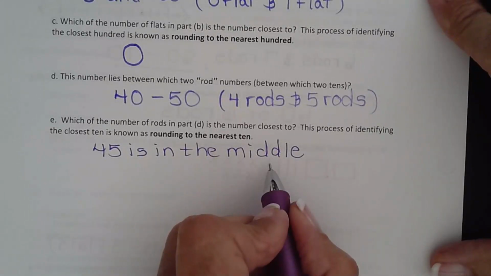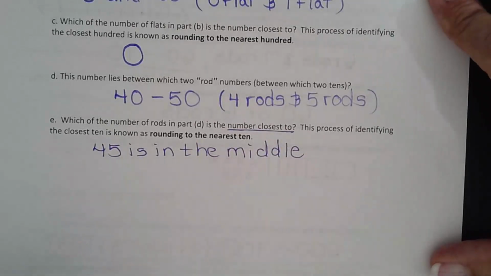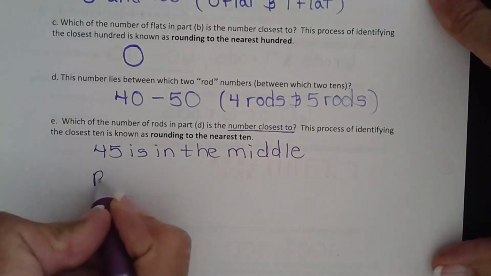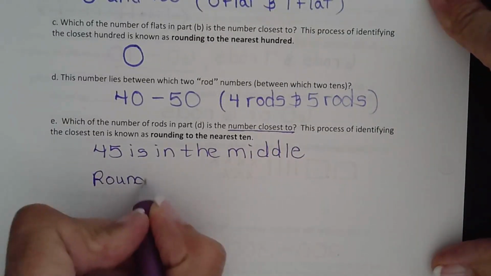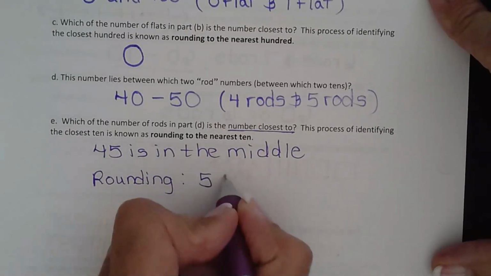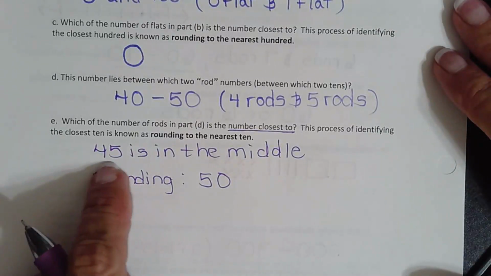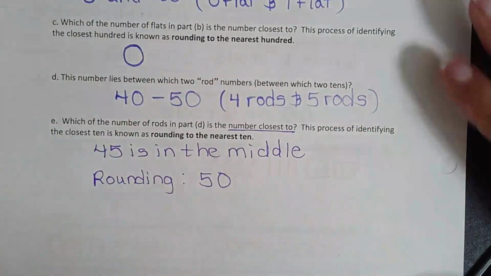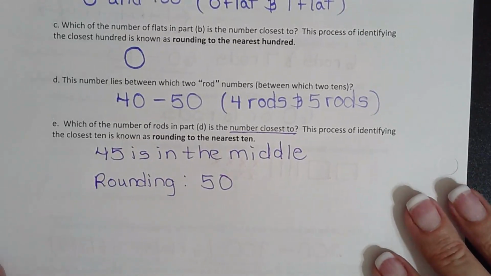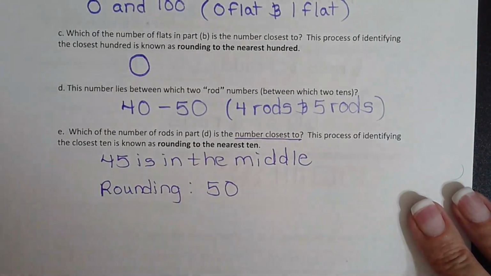That's why I must first say it's in the middle, because when it says what number is it closest to, neither. It's 5 units away from both. But rounding, it would go to 50. Just because the rule is a 4 followed by a 5 goes up to 50. Okay, so that one was a little tricky on both of them. Rounding to the hundreds, rounding to the 50s.